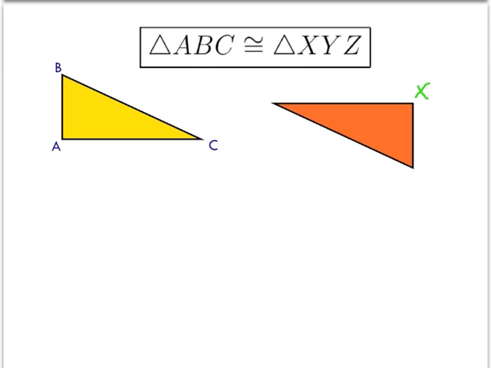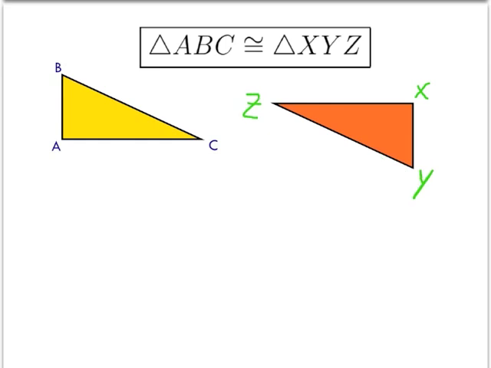Now B is attached to this short leg and this long hypotenuse. So that means angle Y also has to be attached to the short leg and the long hypotenuse. So there's angle Y. And then lastly, C is at the pointy end of this triangle, so that means Z for the corresponding side has to also be in that pointy side.